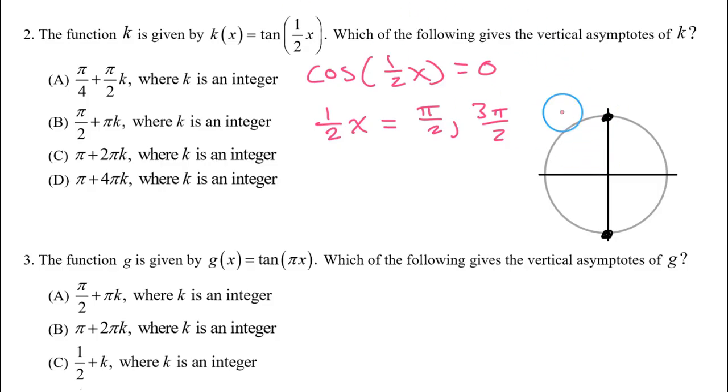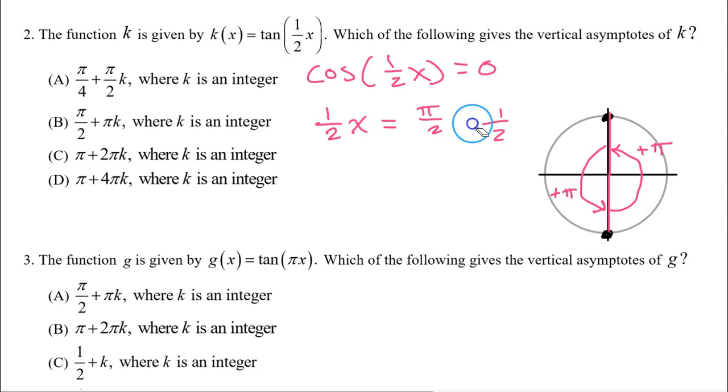Since the solutions are directly across from each other, we can get from one solution to the next solution by adding pi. In other words, we can get infinitely many solutions by adding multiples of pi. So instead of making a little list, we write the first solution and then we add pi k, where k is any integer.